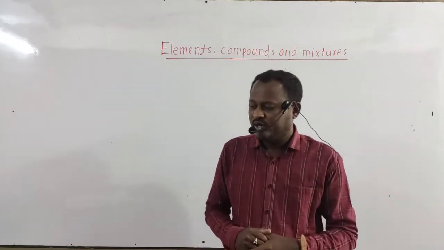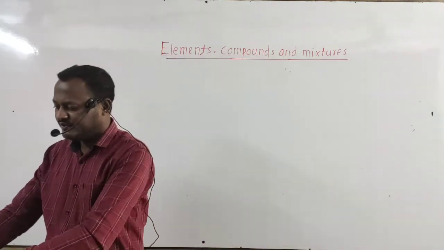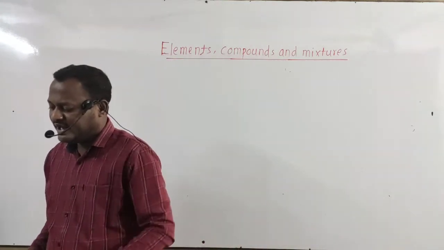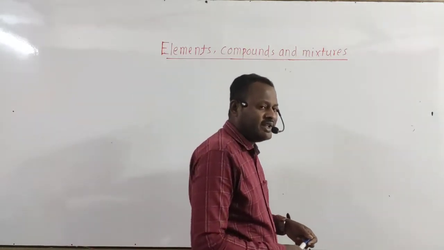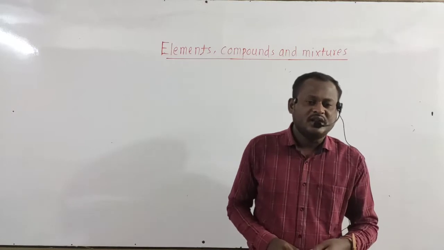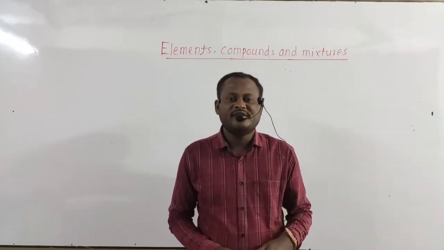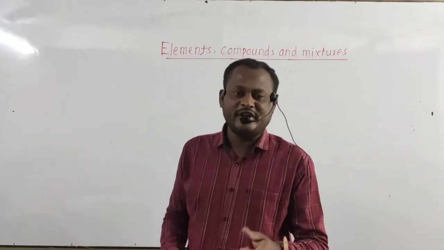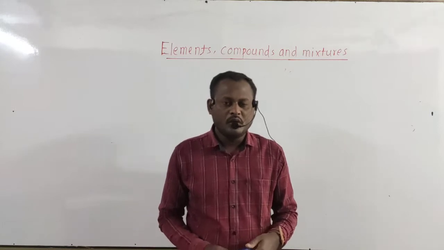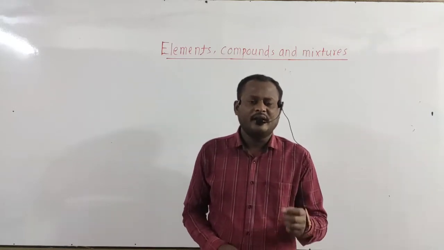Now let us see some things about compounds. Like elements, we know that elements are represented by their symbols. The different elements we denote by symbols. Like oxygen is denoted by O, that is an English alphabet letter.